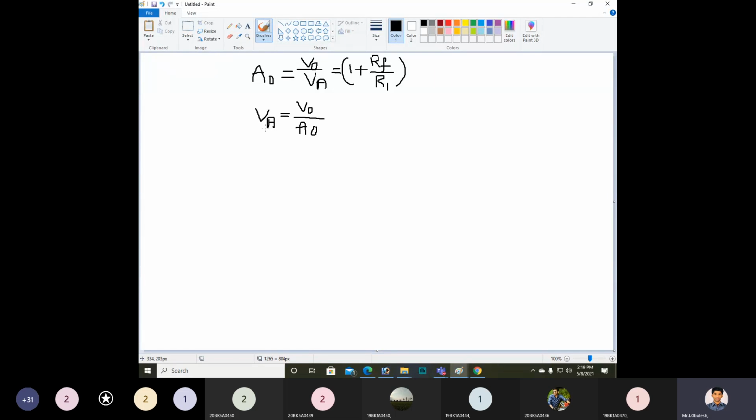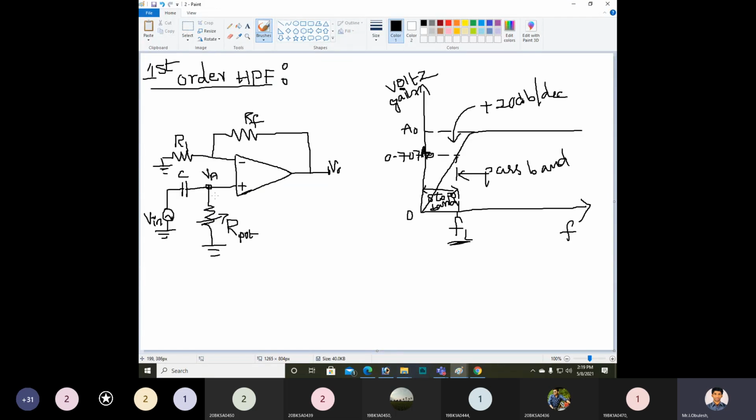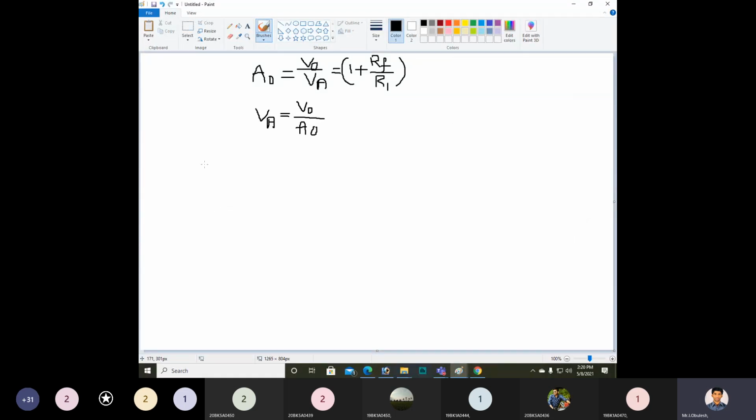So apply KCL, Kirchhoff's current law, at node A. This is node A, right? Apply KCL at node A. What will you get?